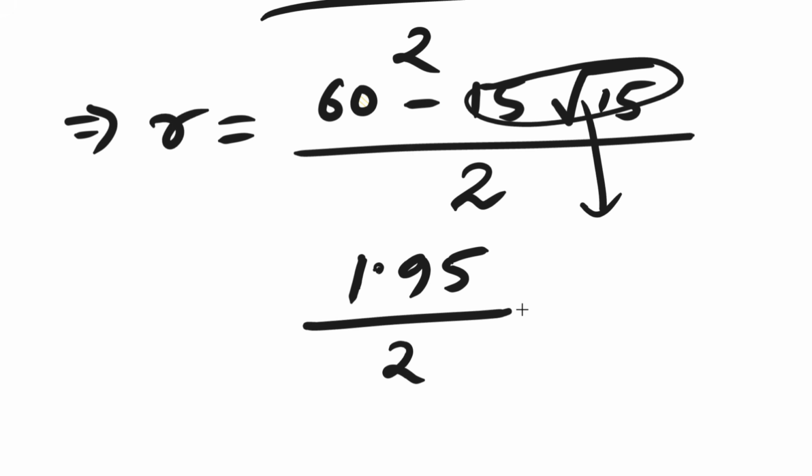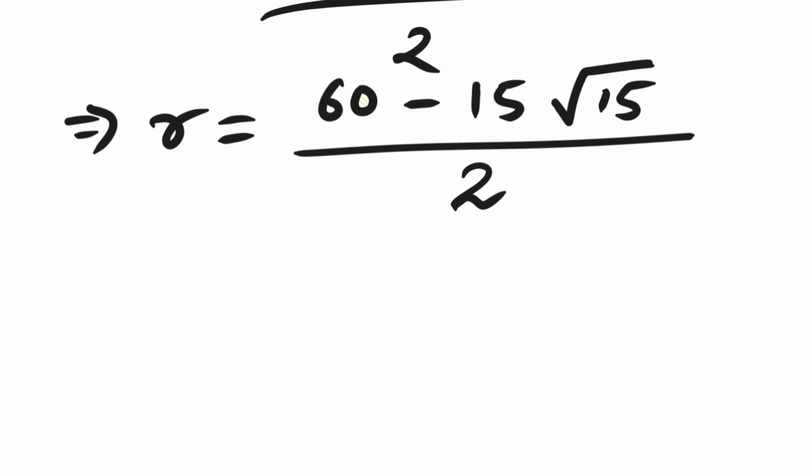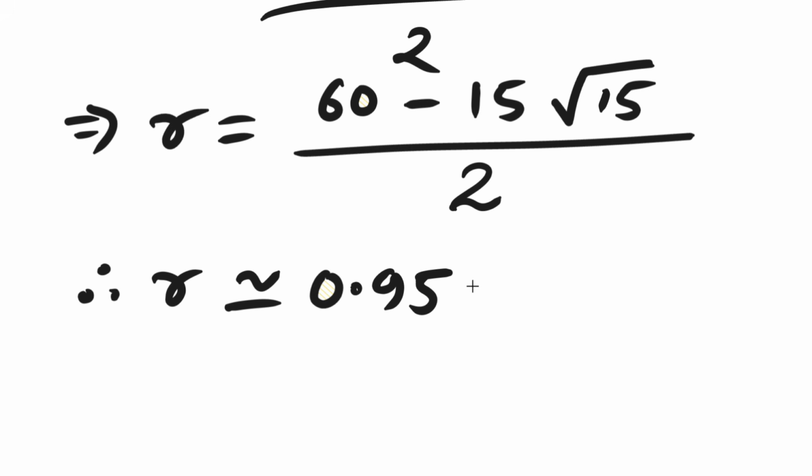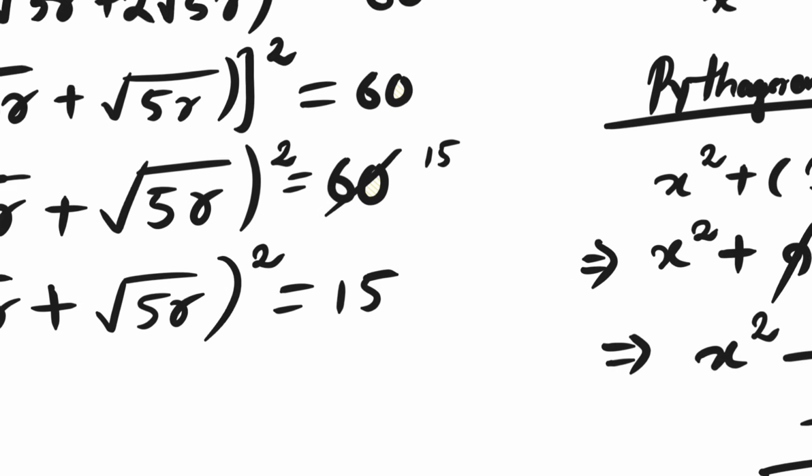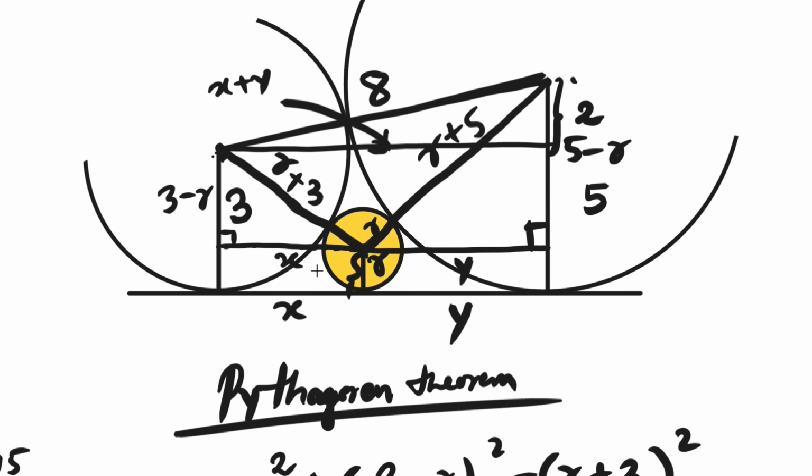Dividing by 2 gives approximately 0.97. And using the more accurate value of the square root of 15 gives approximately 0.95. So the radius of the smaller shaded region circle is about 0.95 units.